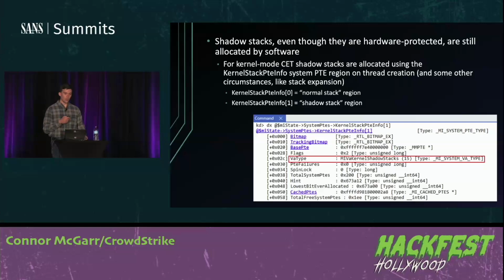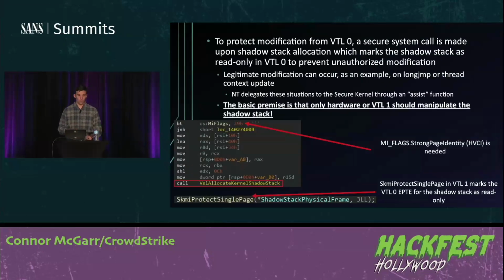As I mentioned, it's a hardware mitigation, but it relies on VTL1. So shadow stacks still have to be allocated from software, right? There's a region of memory known as the MI VA kernel shadow stacks region. That's where shadow stacks are allocated from. Well, if you allocate your shadow stacks from VTL0, you need to somehow protect them. And that's exactly what happens with CET enabled.